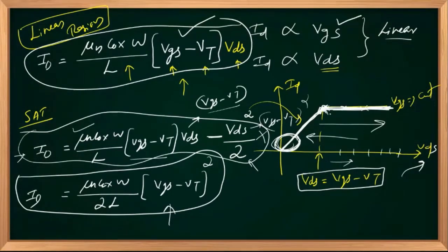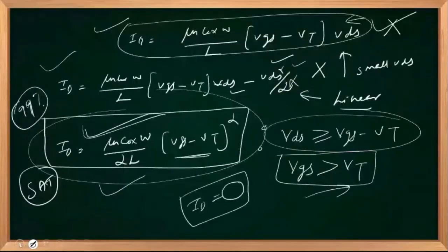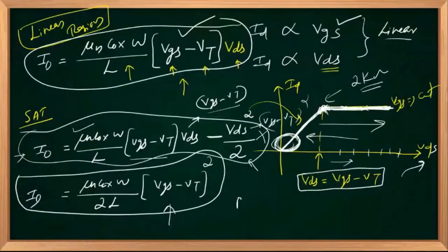So at the transition point, we found that RD will be 2 kilo ohm. If RD is greater than 2K, it will move to which mode, saturation or linear? RD equal to 2K at transition point. If RD is greater than 2K, VDS will decrease, it will move to the linear region.